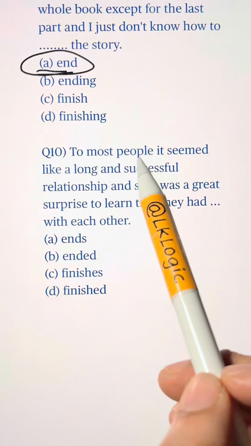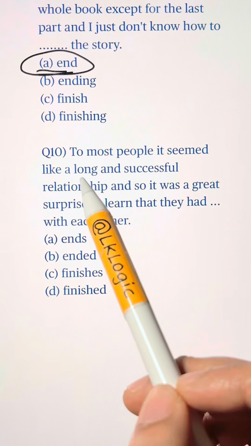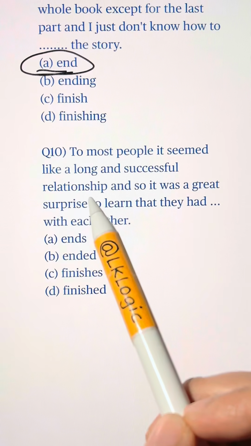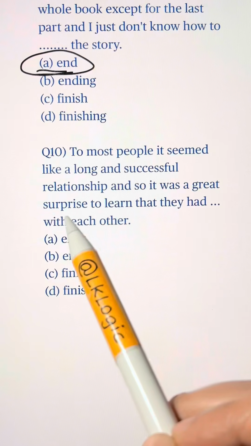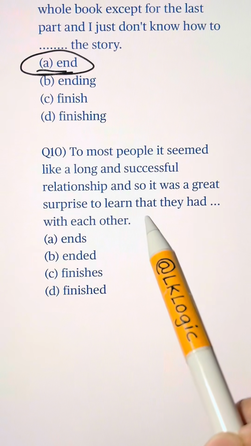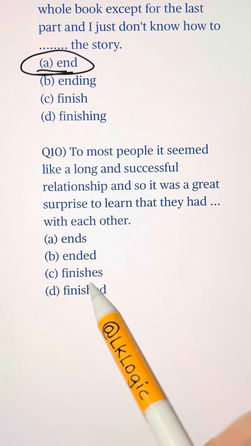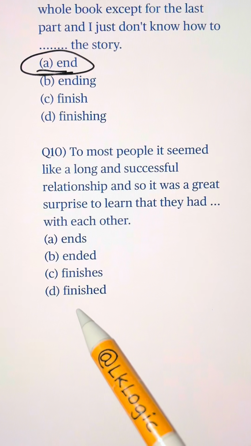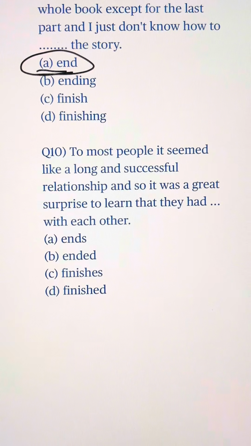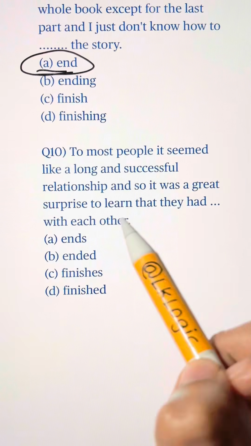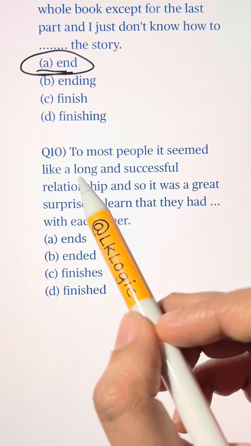To most people, it seemed like a long and successful relationship, and so it was a great surprise to learn that they had blank with each other. Ends, ended, finishes, finished. So, what do you think? So, here someone completed something. What something?